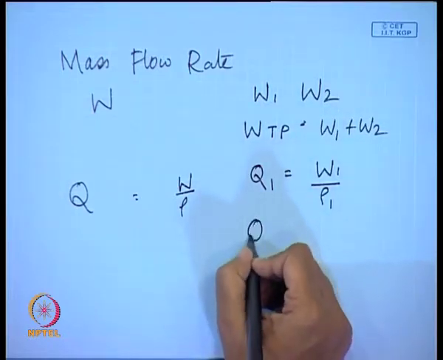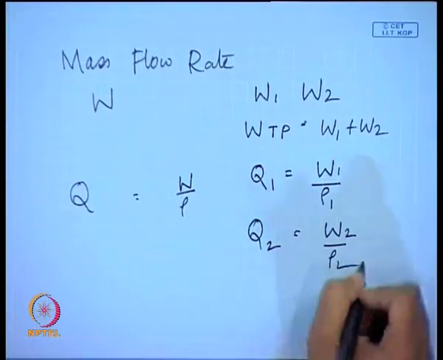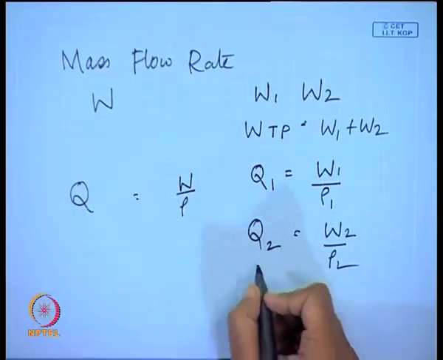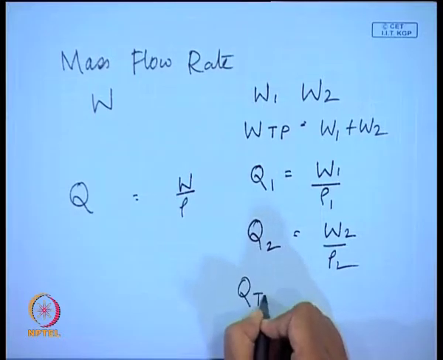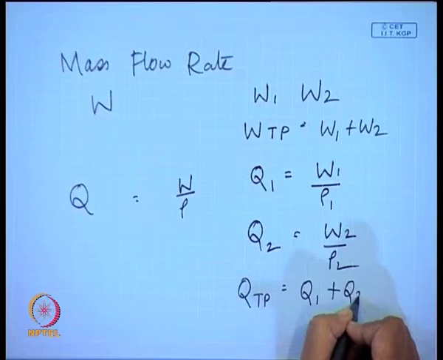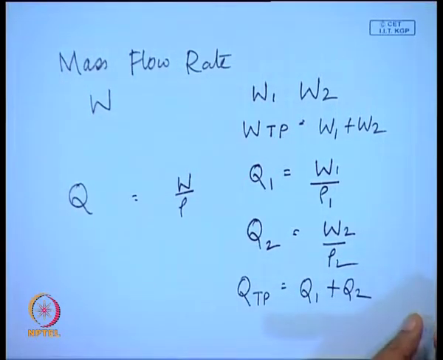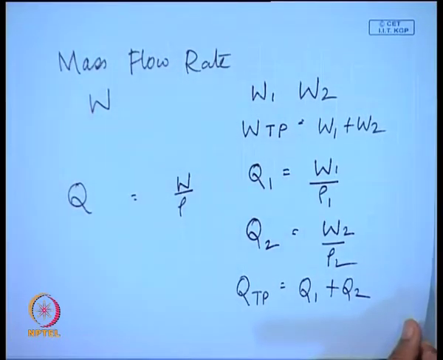We are going to have a Q2, nothing but W2 by rho 2, and we would also have a Q2 phase, which is nothing but Q1 plus Q2, is it not?